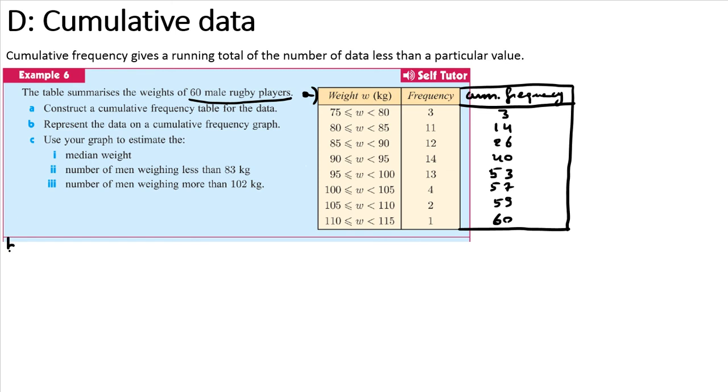And in B, we have to represent the data on a cumulative frequency graph. So we've seen the frequency graph before, but now we have to create the cumulative frequency graph. So we have a vertical axis and we have a horizontal axis.